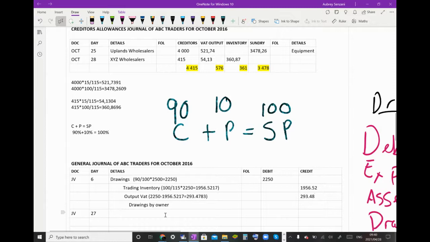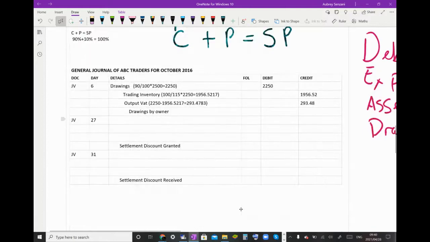And then if ever they say with narration, okay, so I think I can actually go up. If ever they say in the question with narration, it's just you saying what exactly is happening here. Drawings by owner. Literally, it's a phrase that just says what is going on in the transaction. That's it. Okay.